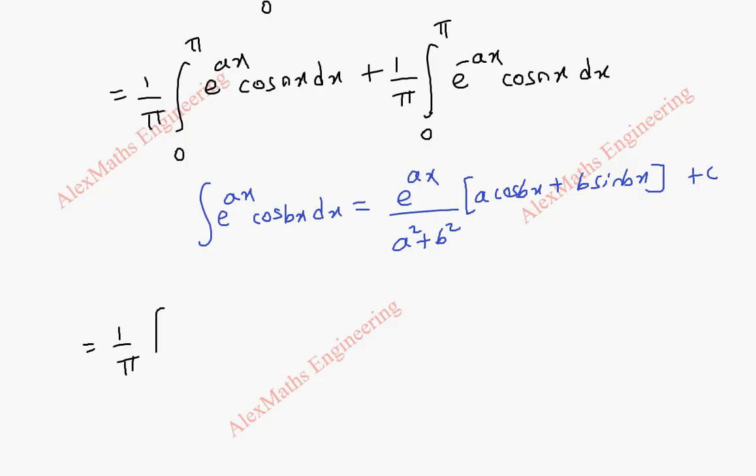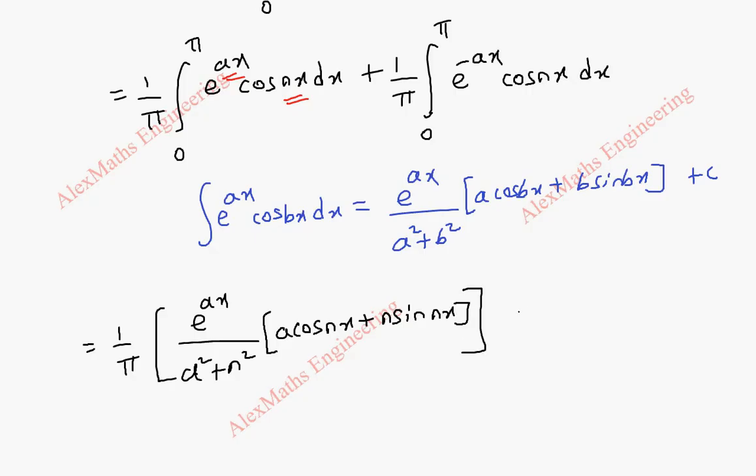So 1 by pi we have, this is e power ax by a square plus n square, because b is n here. A is a and b is n. By applying this, we get the first term like this, then a cos bx, so a cos nx plus n sin nx.